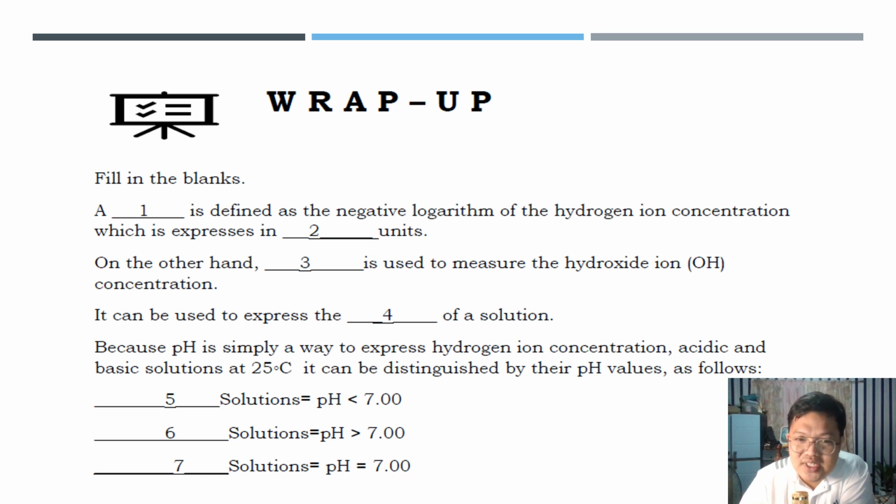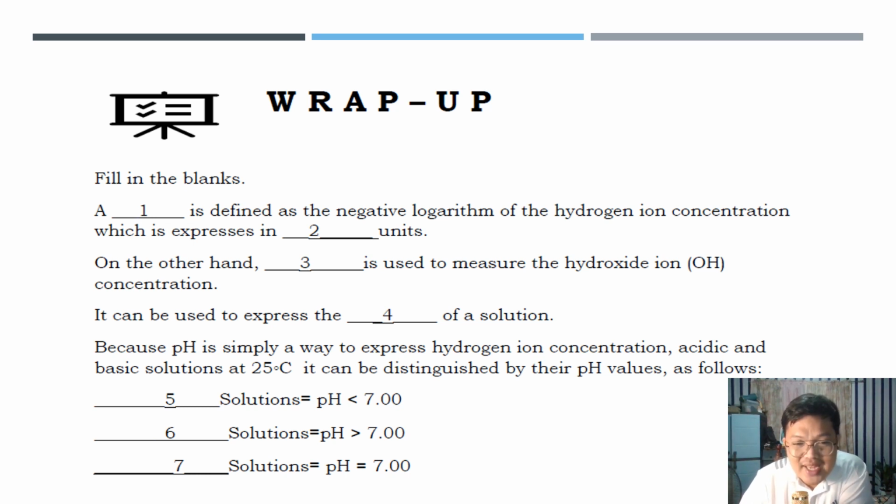It can be used to express the basicity or alkalinity of a solution. Because pH is simply a way to express hydrogen ion concentration, acidic and basic solutions at 25 degrees Celsius can be distinguished by their pH values as follows.